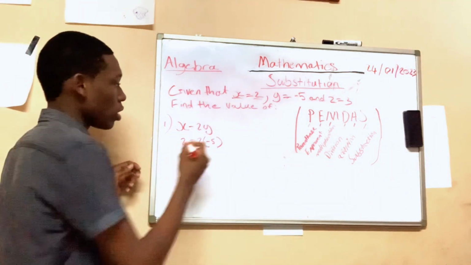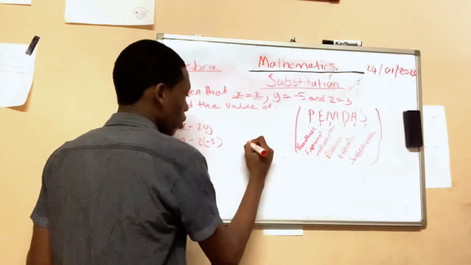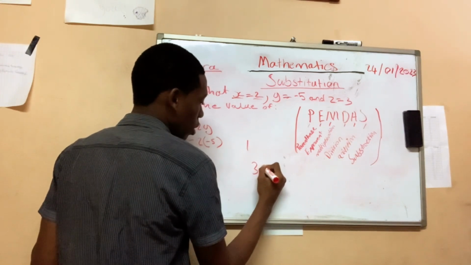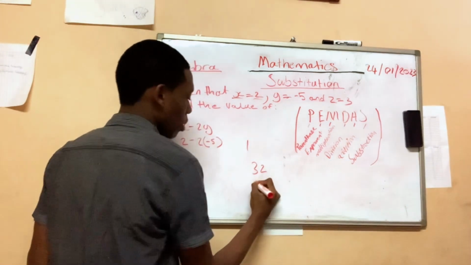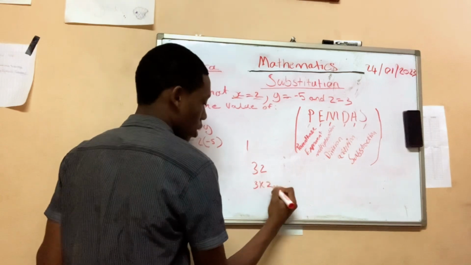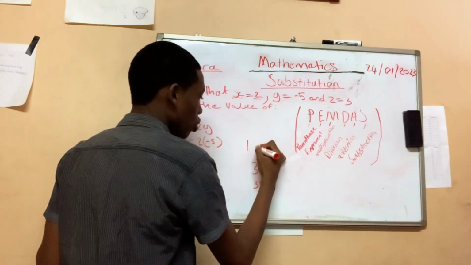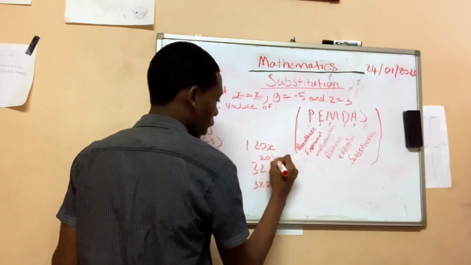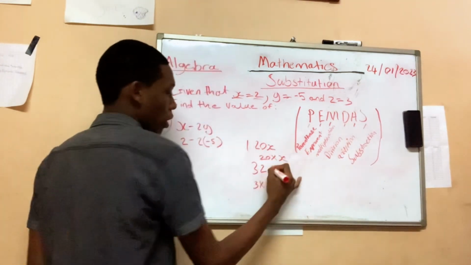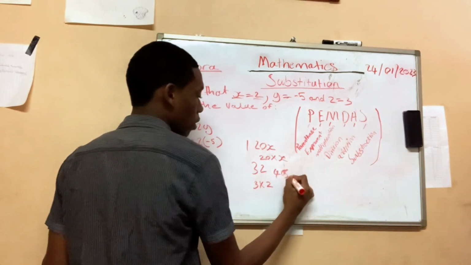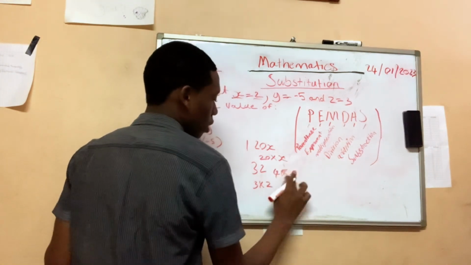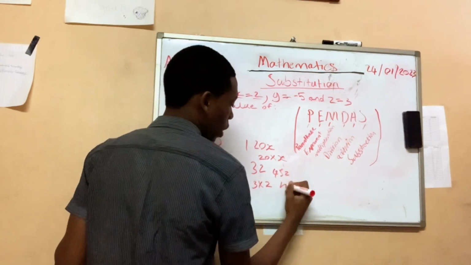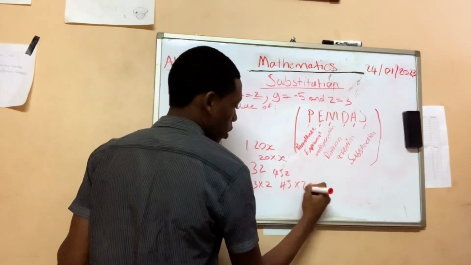When a variable and a number are together, like 3z, it means 3 times z. 20x means 20 times x. 45z means 45 times z.